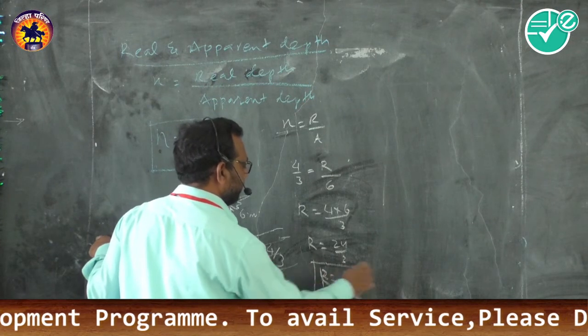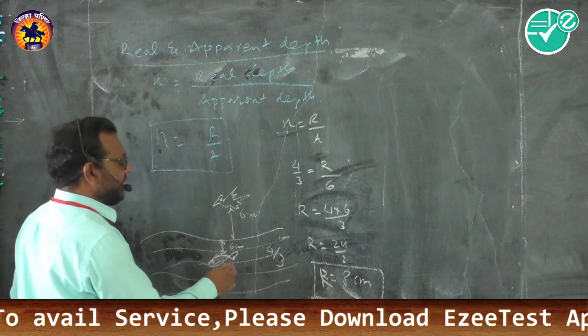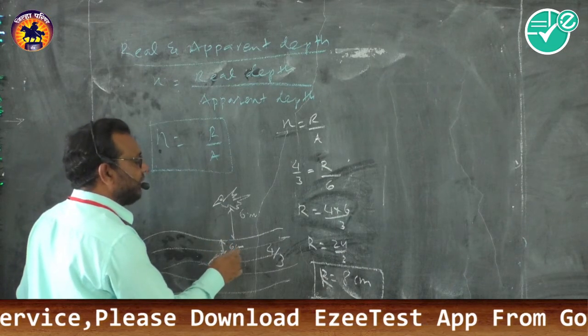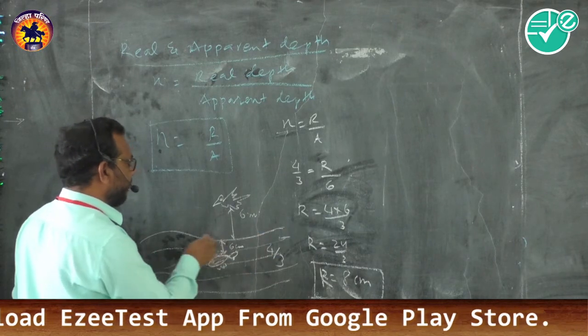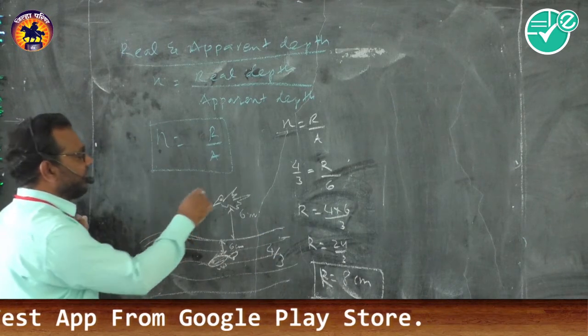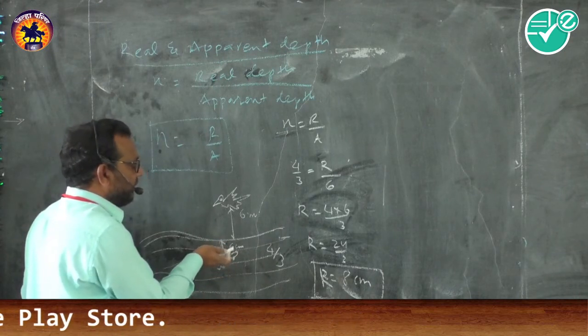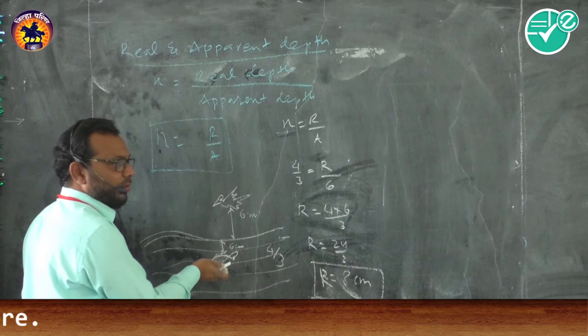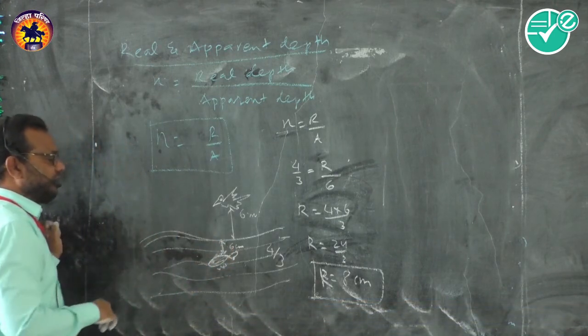So the real depth of this fish inside the water is actually 8 centimeters from the surface of the water, but to the crane, it is looking just 6 centimeters below the upper surface of the water because of the refraction of light.